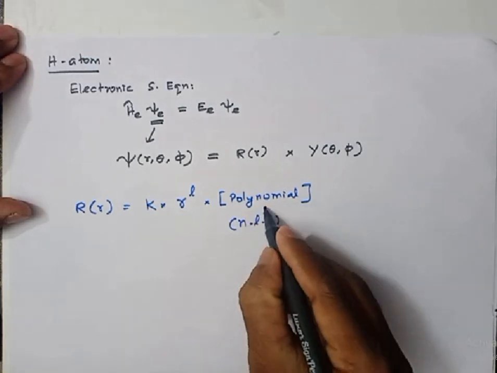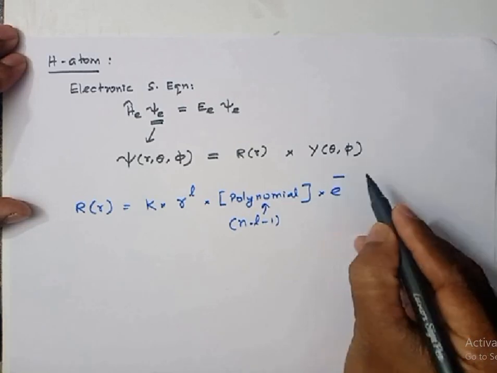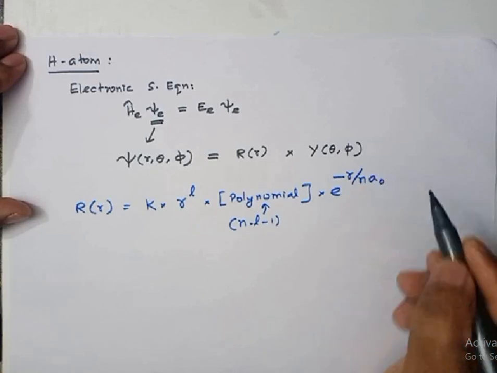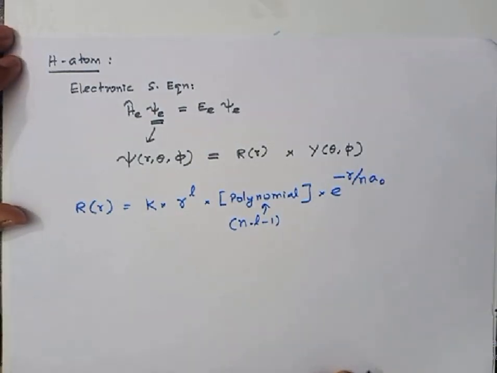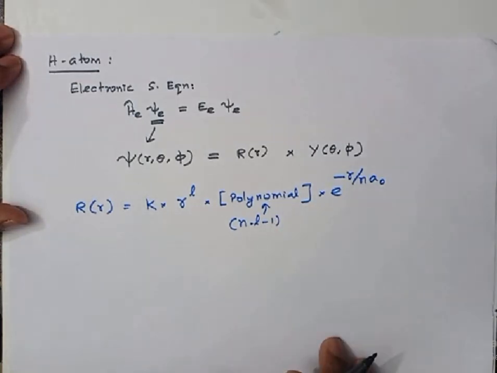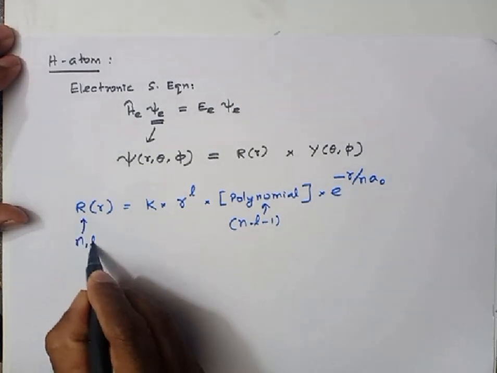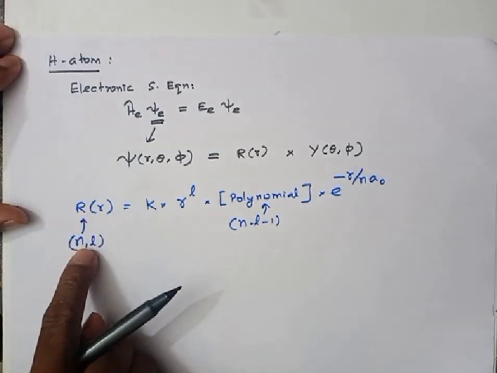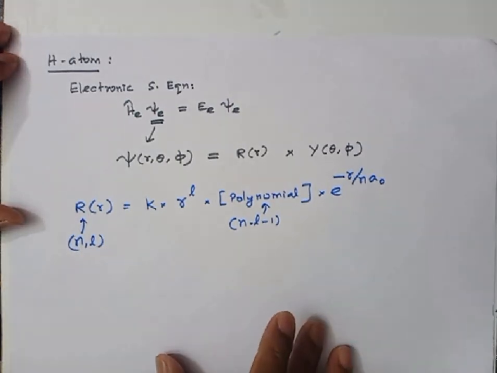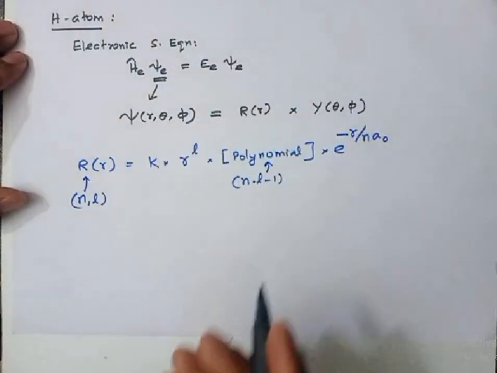Then you will be having an exponential term e power minus r by n a naught, where n is the principal quantum number and a naught is the Bohr radius. Remember, the radial part depends on two quantum numbers n and l. And last class I gave the radial part of the wave function for some simple cases.